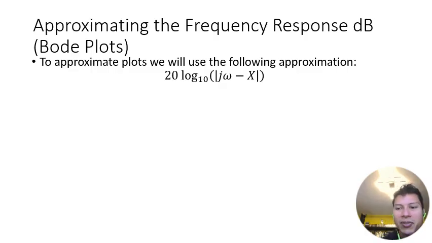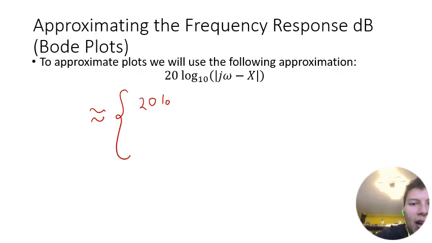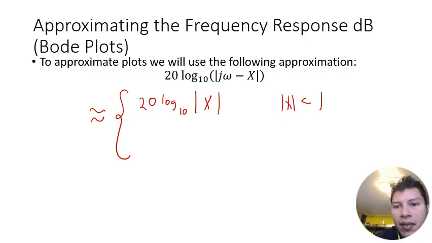But what you actually need to know is what I'm about to go over now, which is how to approximate it. When we plot these things, we're going to make a very crude approximation. We're going to approximate this as approximately equal to 20 log base 10 of capital X when capital X is greater than omega.